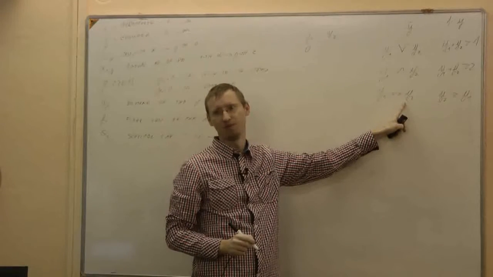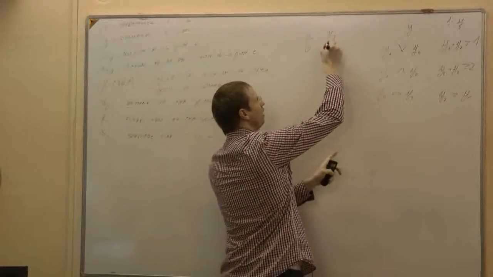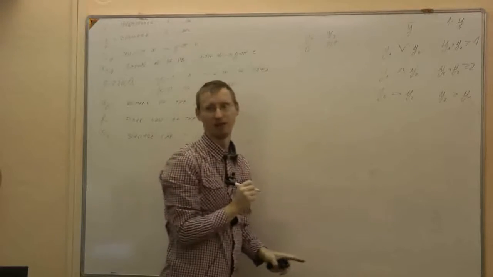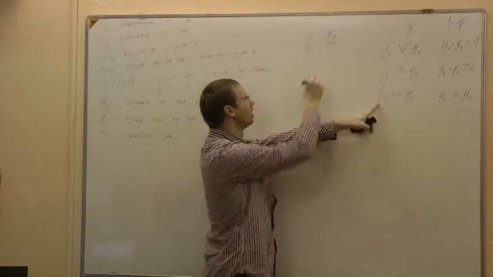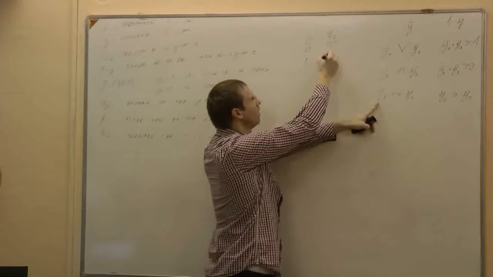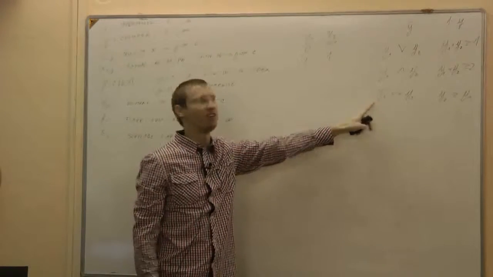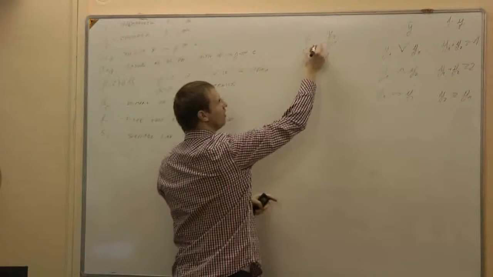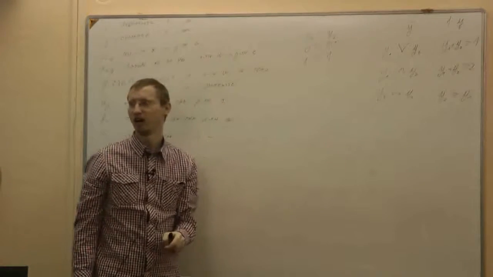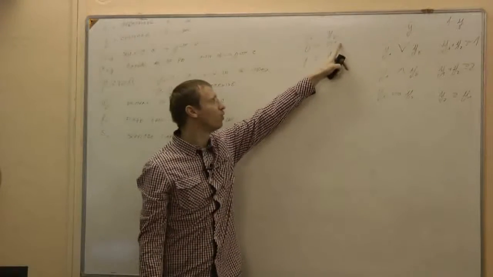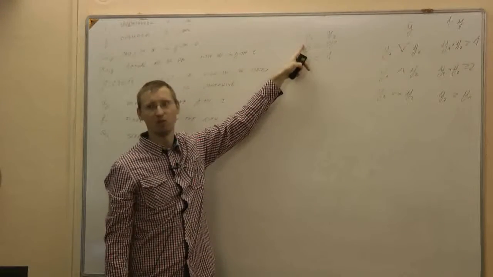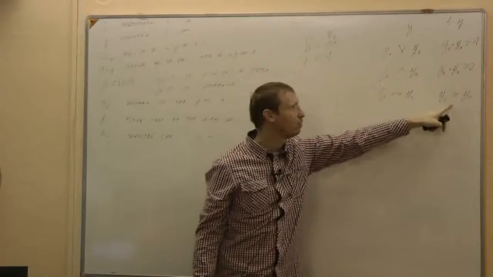We don't care. Okay? So the value here can be both 0 as well as 1. However, if y1 is equal to 1, we do require that y2 is equal to 1. Okay? What we can see here is that in both cases we have this relation, right? y2, regardless of what the value is, is always larger than or equal to y1. Okay? So that's why we have this relation.